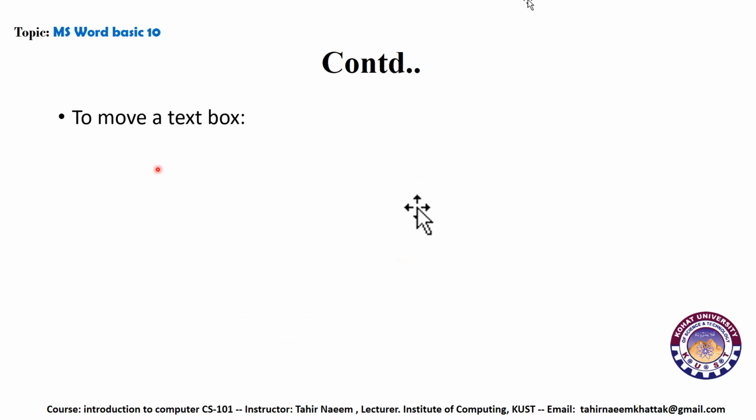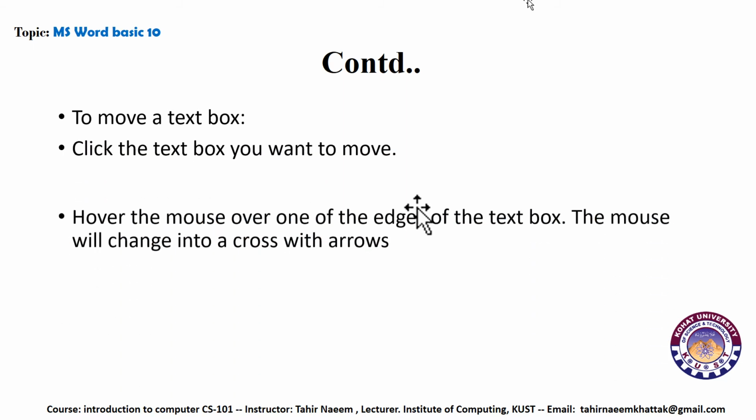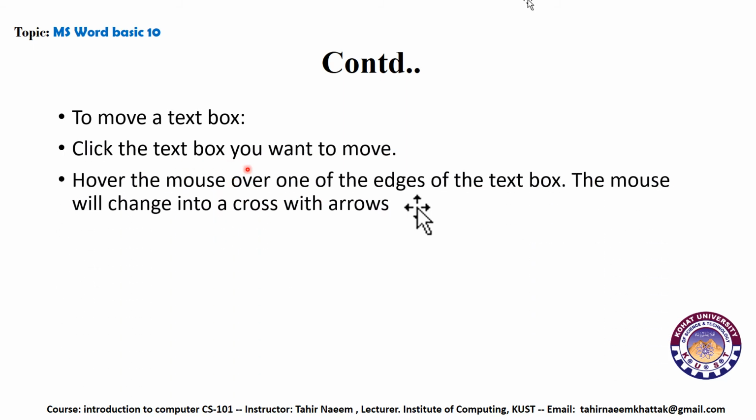So how do we move a text box? Basically, if we want to move a text box, we have to click where we want to move it, and hover the mouse on one of the edges of the text box. So we will go to the edges of the box which we want to move, and when the mouse changes into a cross shape like this, it means that we have control of the whole text box.